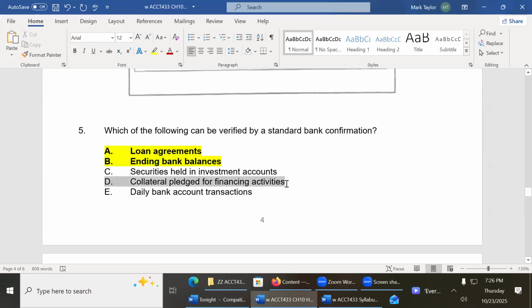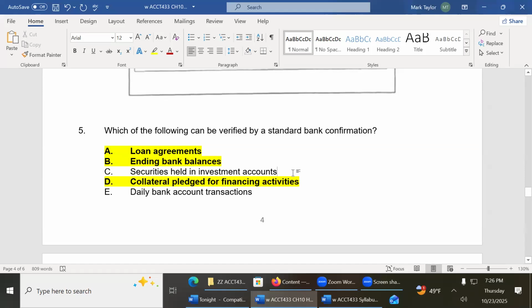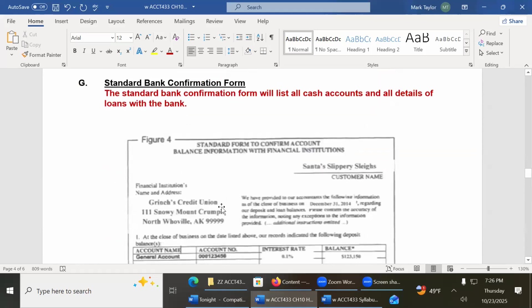And this one, the collateral pledged, will also be in there. They're not gonna have the daily transactions. They're not gonna have the securities and investment accounts. Those are usually something that's done separately. And often those are things that, while they will have a balance at the end, it's not like a cash balance because they haven't been sold yet. It's not like you can withdraw them immediately. So those are things you find in a bank confirmation.